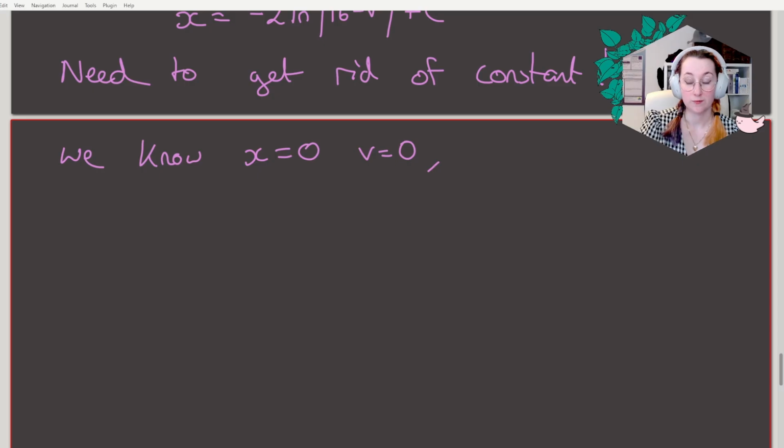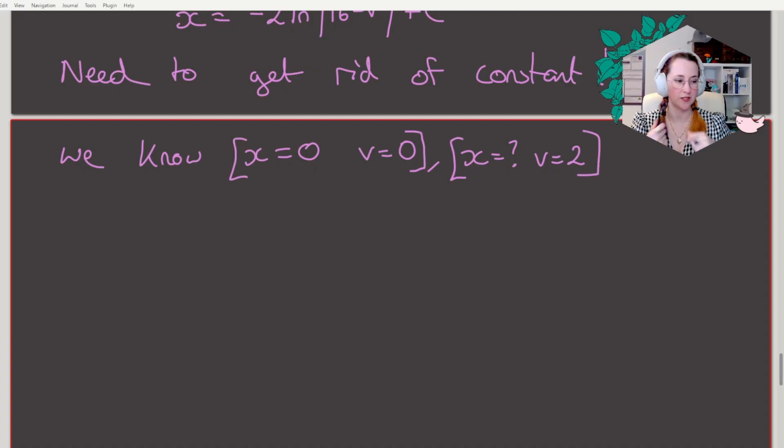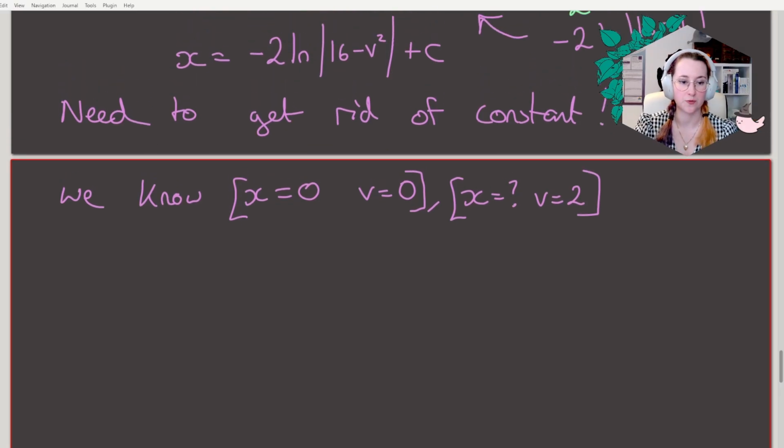And then we want the values we have is x is something, for v is 2. So these are our 2 points in time, points in space, points in speed that we have values for. So we're going to use the first ones to solve for c. And then once we have a value of c, we'll solve for x at v is 2. So let's label these pairs 1 and 2.